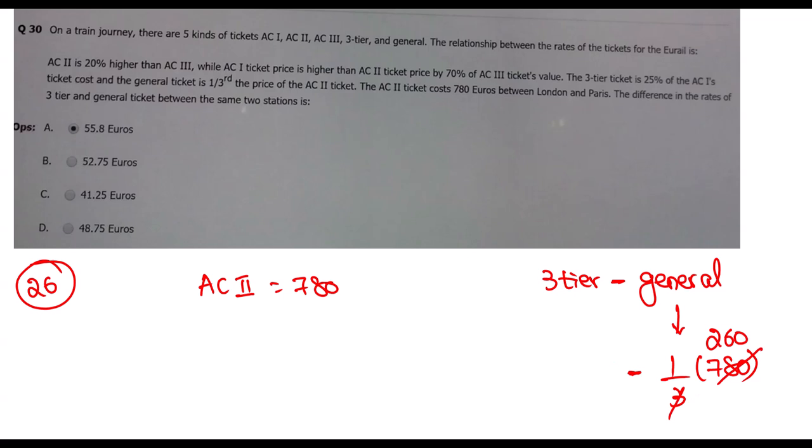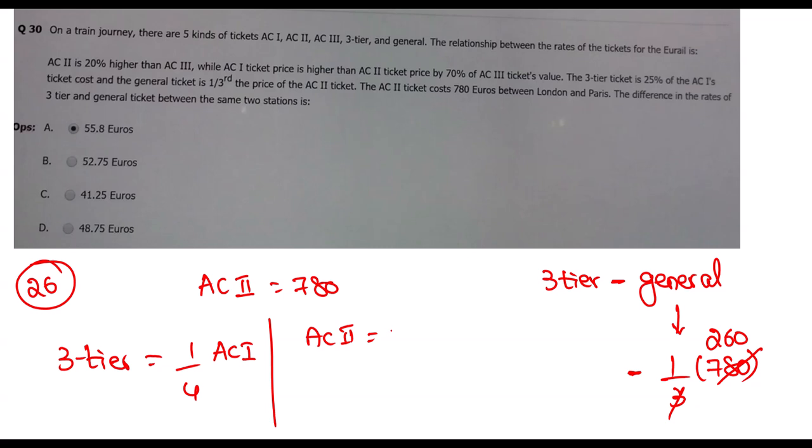Now 3-tier. You need to calculate 3-tier. The 3-tier is 25% of the AC1, so 3-tier is 1 by 4th of AC1. We need relation between AC1 and AC2. AC1 is higher than AC2 ticket price by 70%. So first we need the connection between AC2 tier and 3-tier.